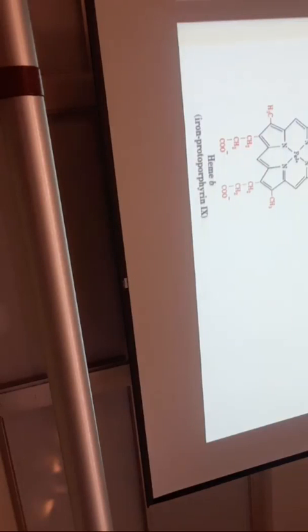This is not the only heme that exists, and these 3 actually are not the only ones, but these are the most common, those that we typically find in biological systems.